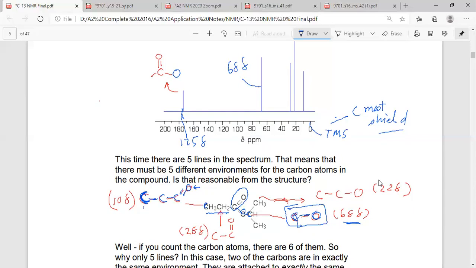We're talking about this carbon. Now compare one to this carbon straight to the carbon with the double bond. That means this carbon will be more deshielded. We have a higher Tesla, higher chemical shift.